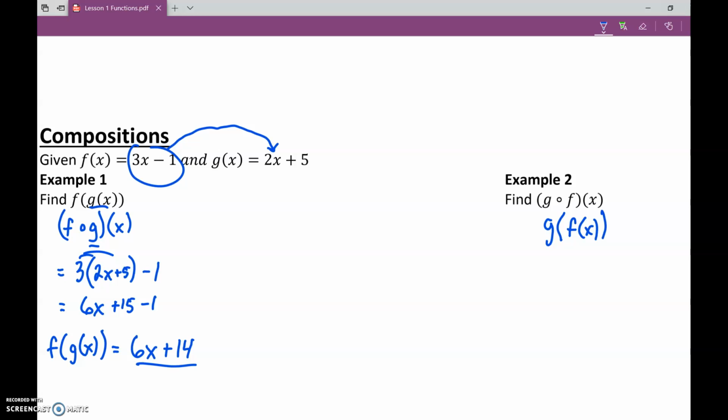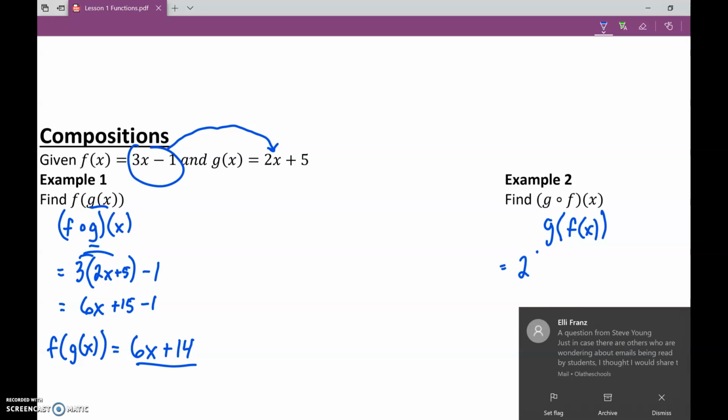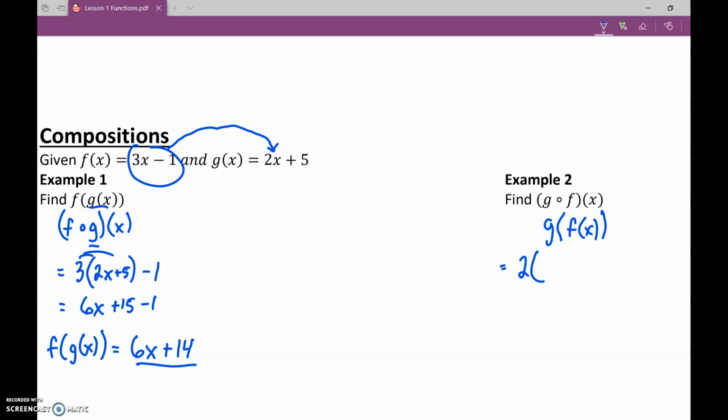So if we do that, we're going to start with 2. Now replace those. Replace the x here with 3x minus 1. And then simplify this. So I'm going to distribute.